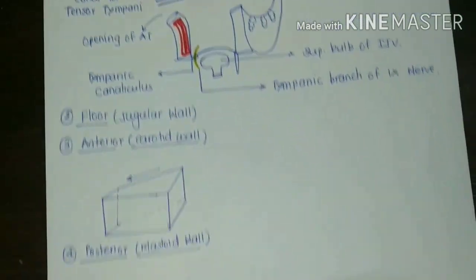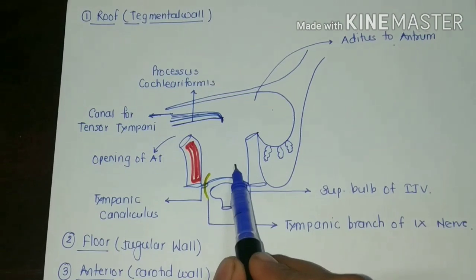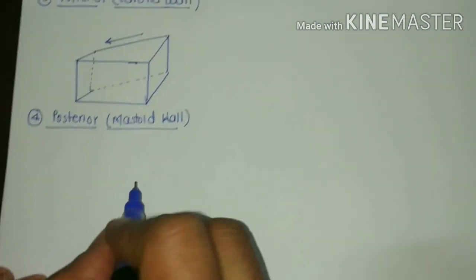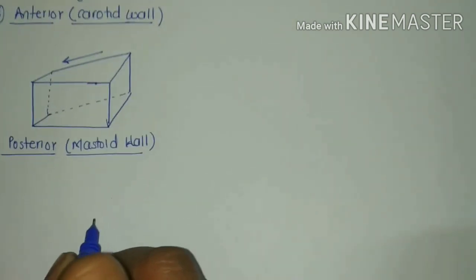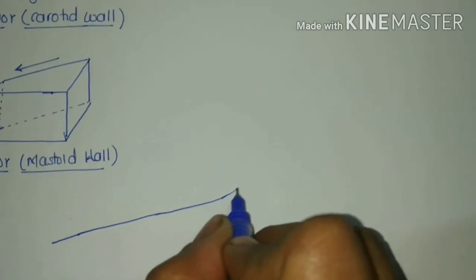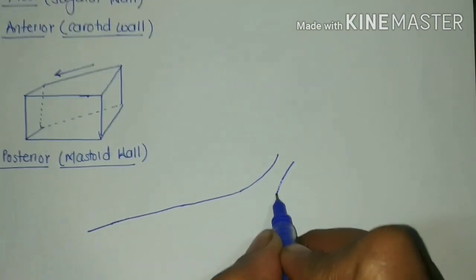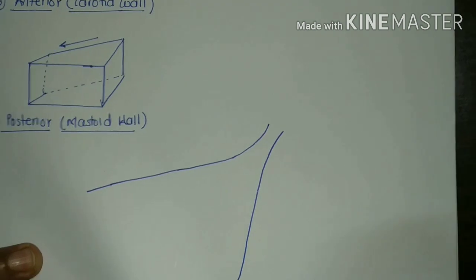Now to see the fossa incudis, we have to go to the view of the lateral wall. This is the view of the medial wall. Now we will go to the view of the lateral wall showing the tympanic membrane. For this again we will go to almost the same diagram showing the roof. This is again the mastoid process.